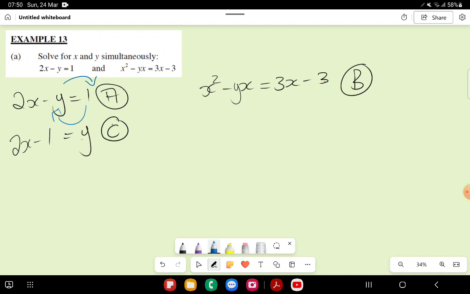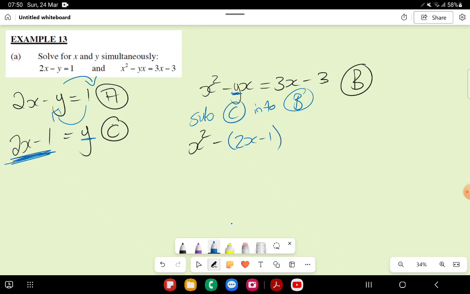So now I've got y is equal to that, and I am going to substitute C into B. So B says x squared minus, now instead of writing y, I'm going to write this equation 2x minus 1, and that's multiplied with x is equal to 3x minus 3.